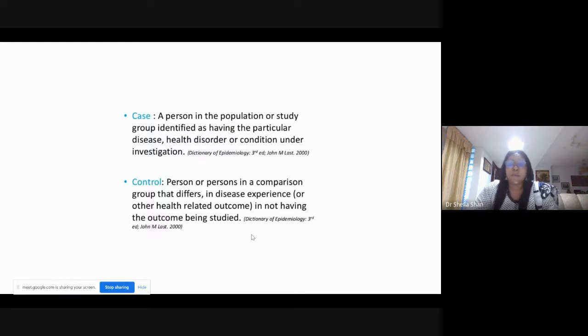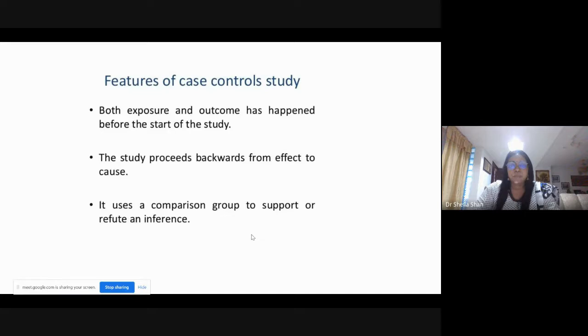So a person in the population or study identified as having a particular rash, that is the case. The control group is not having the rashes. So you have two groups here, case and control. Features of case control study: both exposure and outcome have happened before the start of the study.